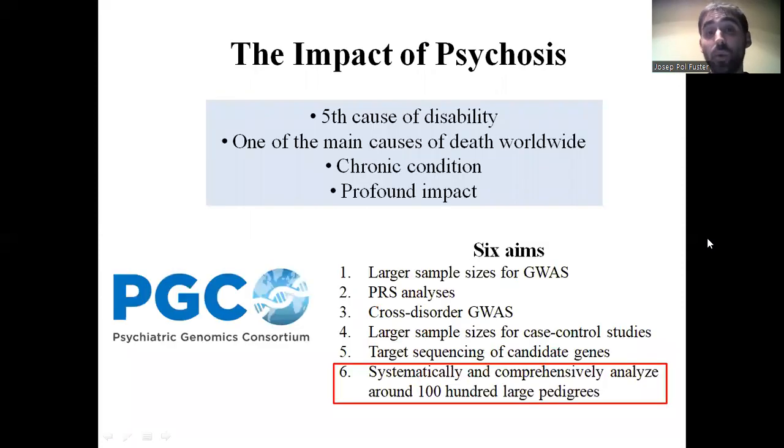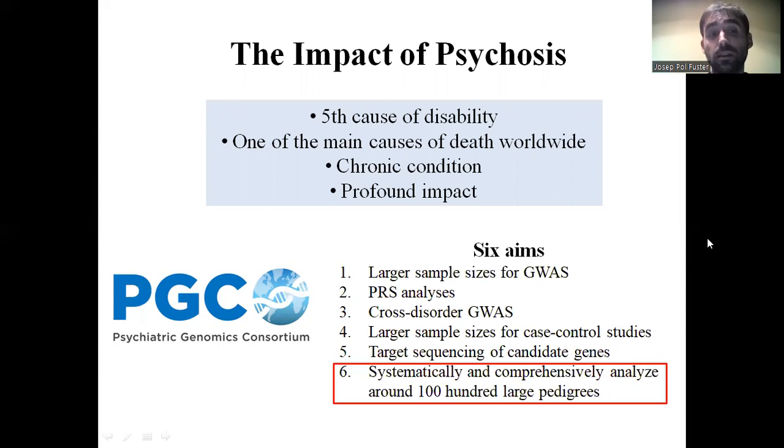This is very important considering that psychosis, including schizophrenia and bipolar disorder and the rest of mental disorders, are the fifth cause of disability worldwide and one of the main causes of death. Both suppose a chronic condition with a profound impact, not only on the person suffering from them, but also on the closest relatives.